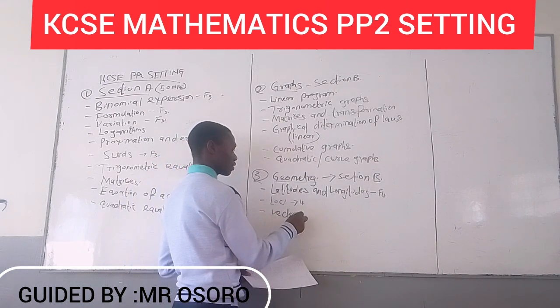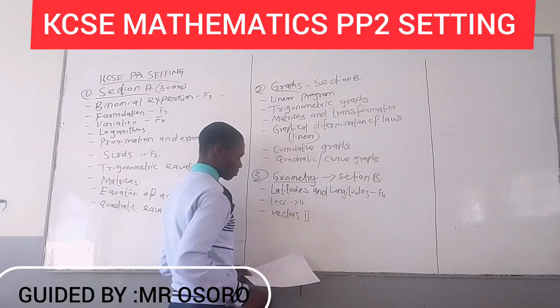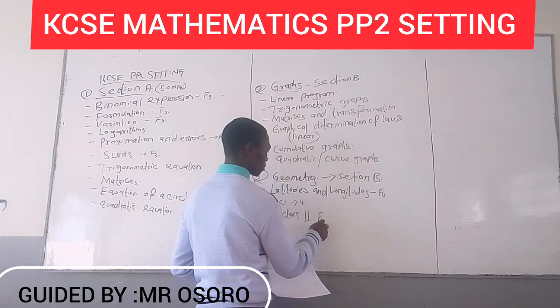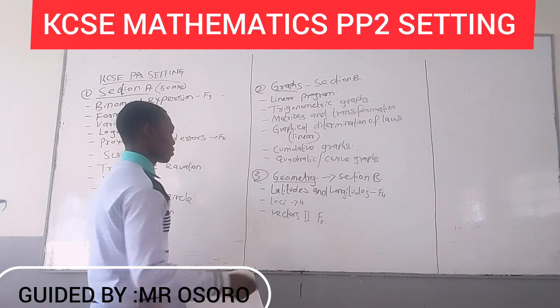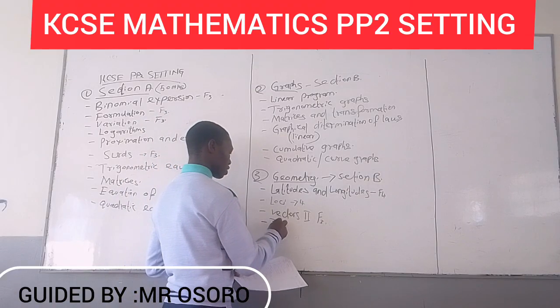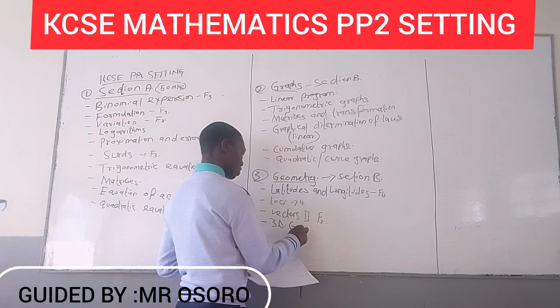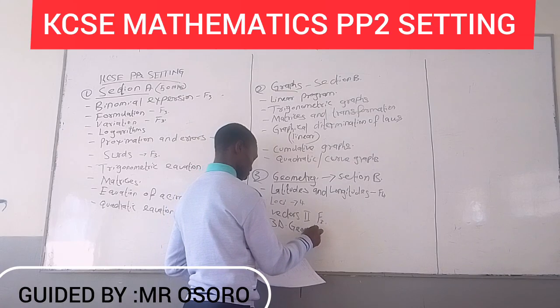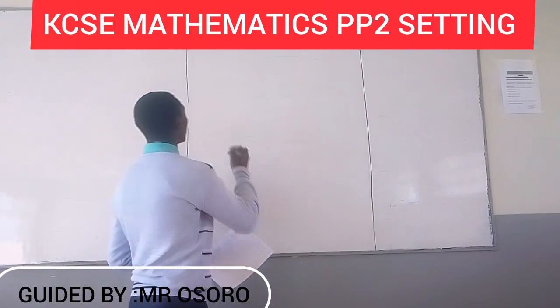Vectors, that is Vector 2, in Form 3. Finally, 3D geometry, Section 4.